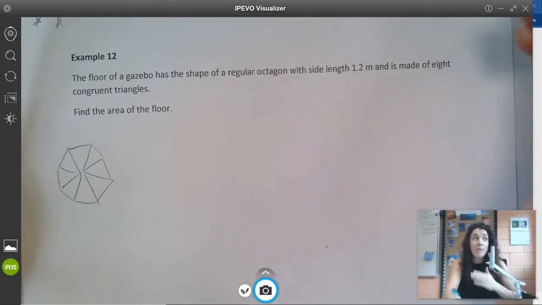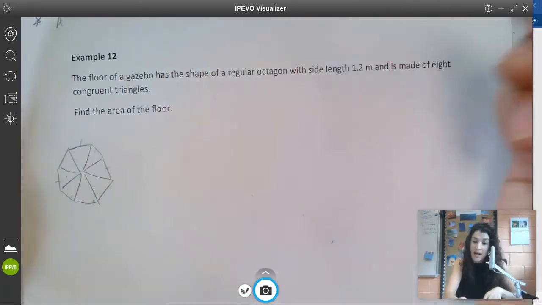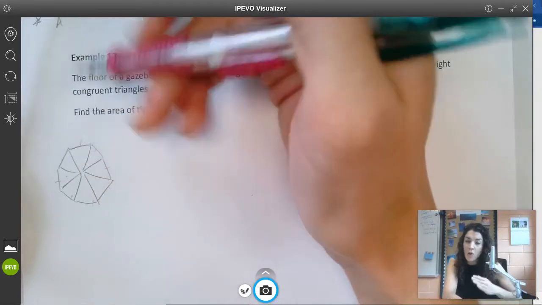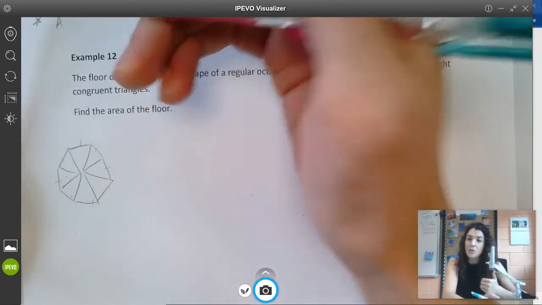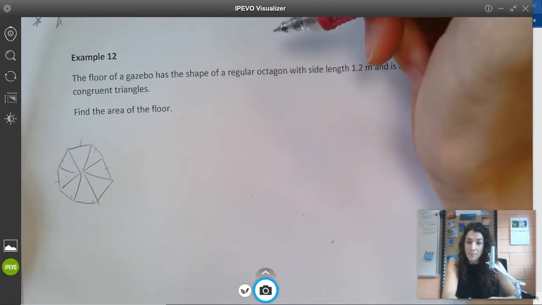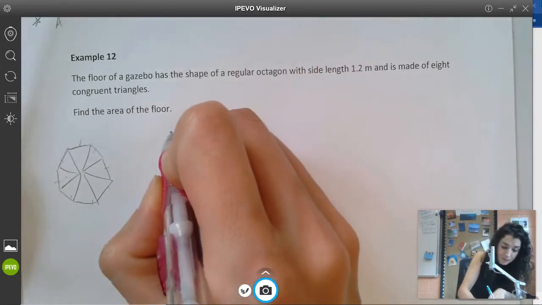A regular octagon means all sides are equal and all angles are equal, so these 8 triangles are all the same size. When you're talking about regular polygons, you can break up that polygon into that many triangles. And that's the key with these types of problems.